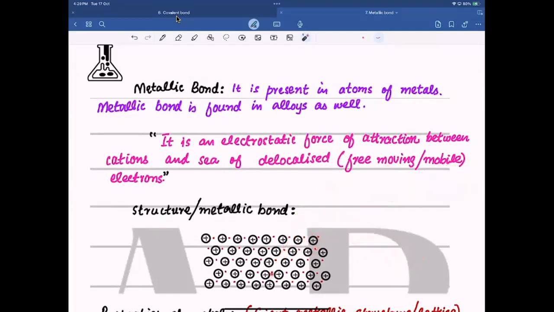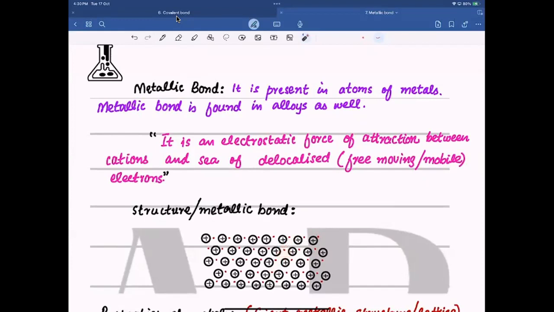But there is a negatively charged particle moving in the space between them. So instead of repelling each other, the cations start attracting that negatively charged particle. As they attract this negatively charged particle, they stay together, and that makes a metallic bond.